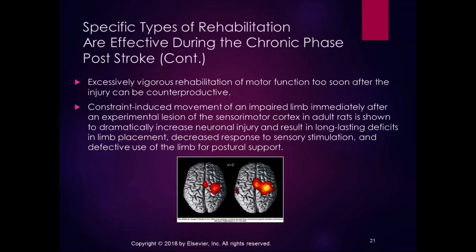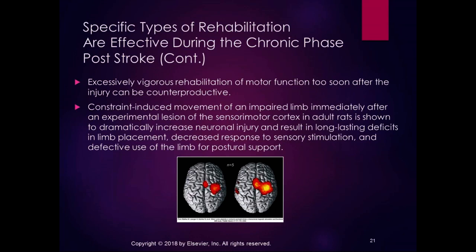Excessively vigorous rehabilitation of motor function too soon after the injury can be counterproductive. You can actually cause more damage in that area if it's right after the stroke. But there's an interesting part in the book talking about constraint-induced movement, and in The Brain That Changes Itself, they talk about constraint therapy.